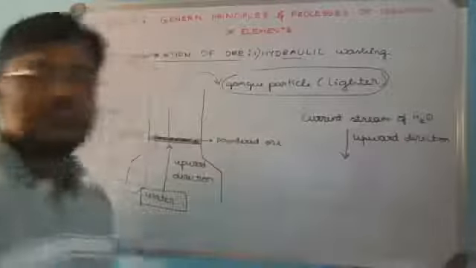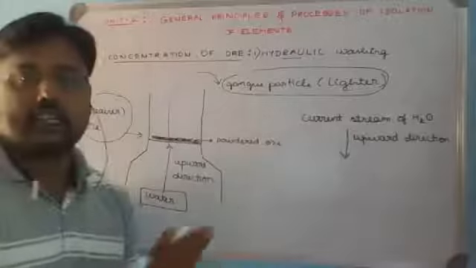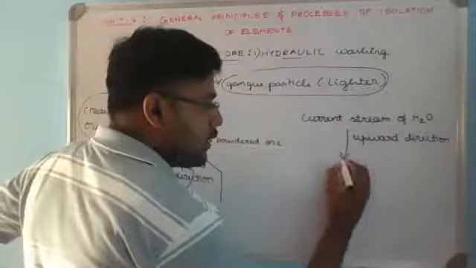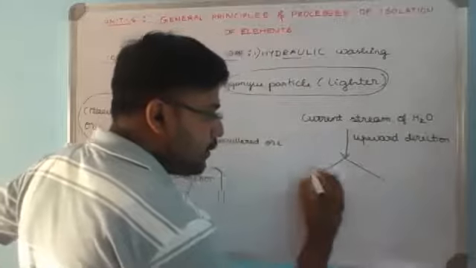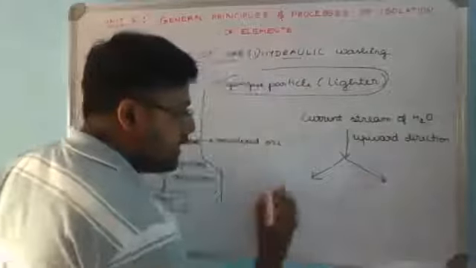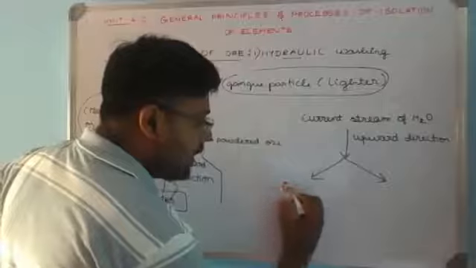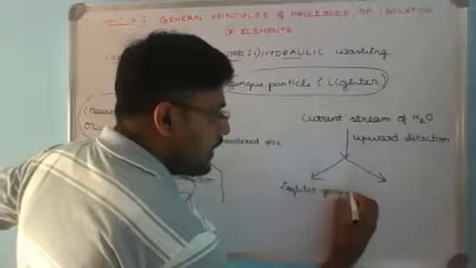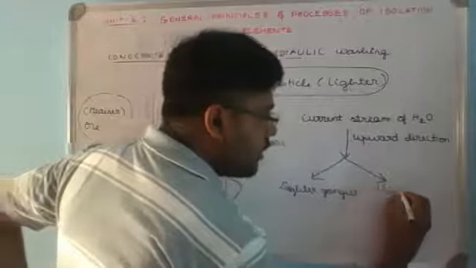During the movement of the current stream of water flowing upward, you are going to observe two important things: one is the lighter gangue particles and another is the heavier ore particles.